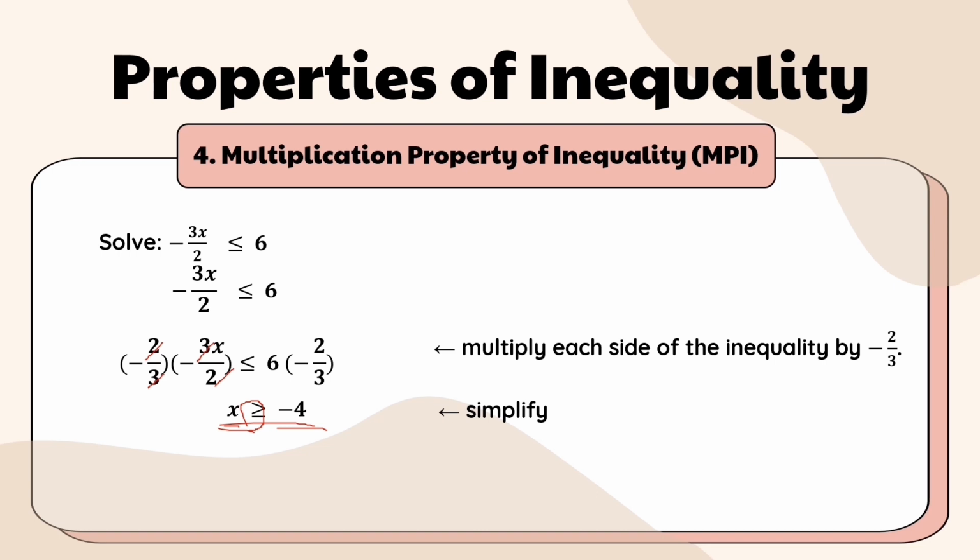So same as the API, or the addition property of inequality, there is no such thing as a division property of inequality. This property, the multiplication property of inequality, also covers division because dividing by a number is the same as multiplying by its reciprocal. So the reciprocal of 3 over 2 is equal to 2 over 3.